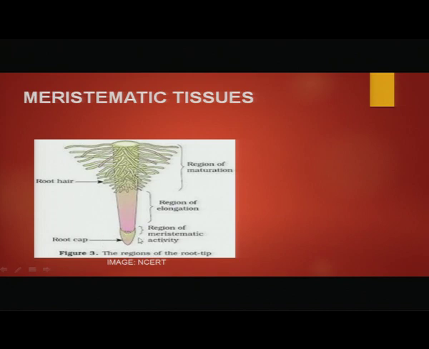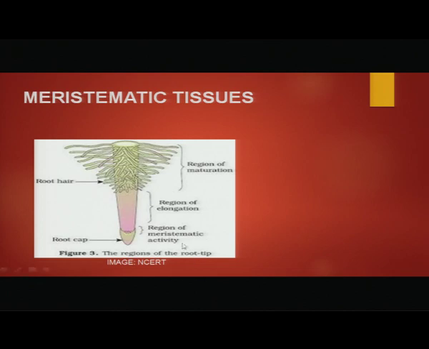Here in this diagram you can clearly see there is a region of meristematic activity. It is the region where new cells are being continuously produced by mitotic division. The cells of this region are continuously dividing and chopping off new cells. These new cells are all alike, all very similar to each other because none of them are specialized.